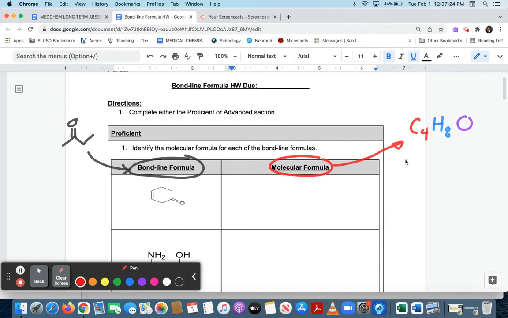So in step number 1, I need to identify all of the carbons. So all the carbons are at the vertices or vertex or end of the line segment.